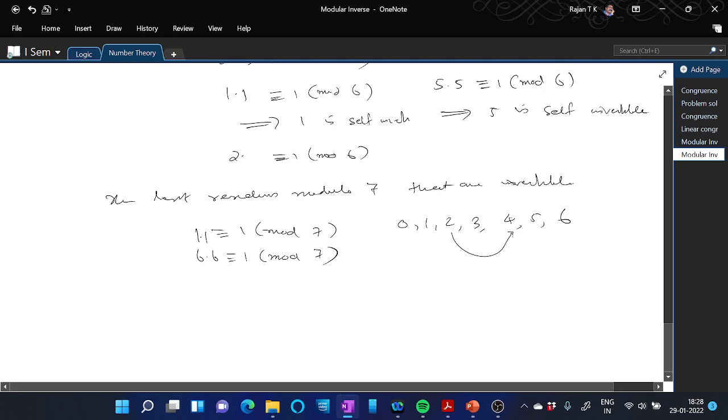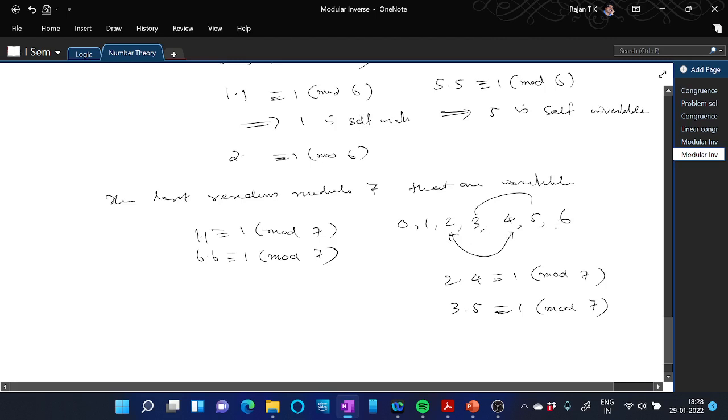2 and 4 are invertible, because 2 into 4 is congruent to 1 mod 7. 3 and 5 are invertible, because 3 into 5 is congruent to 1 mod 7. So all the numbers except 0, that is 1, 2, 3, 4, 5, 6, are actually invertible.